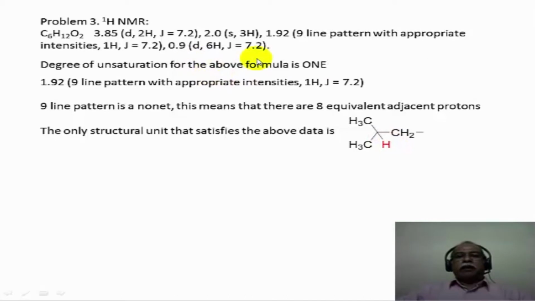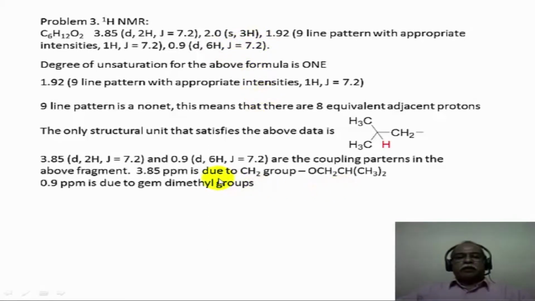We do have a doublet at 0.9 ppm of 6-hydrogen intensity, again with the same coupling constant. So putting all this information together, we conclude that this fragment, namely OCH2CH(CH3)2, is the group responsible for the data that is given.